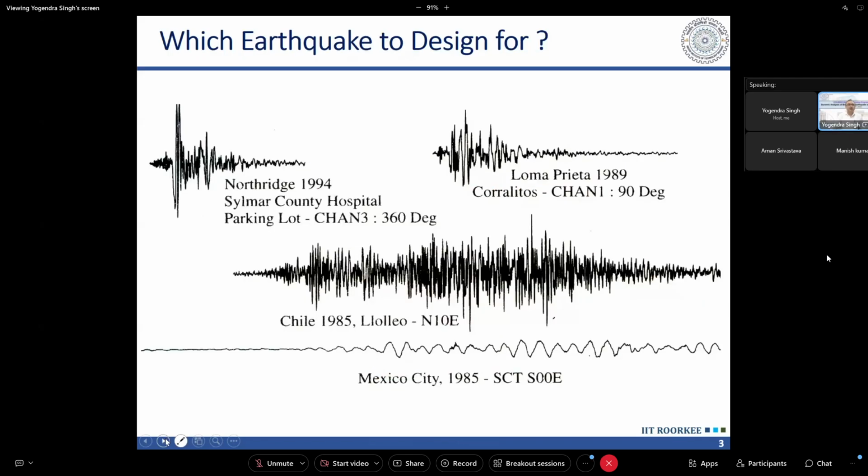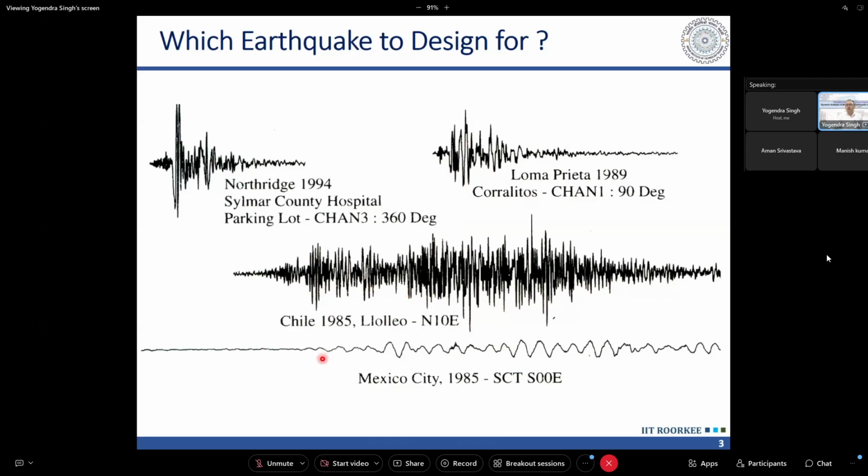Now, if we look at the earthquake records of past earthquakes which have been known to be quite damaging, we can see that these are quite different. Their seismograms or accelerograms, here I have accelerograms, are very different. These are like unique signatures of those earthquakes, and each earthquake has its unique signature.